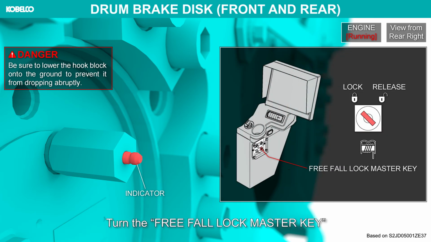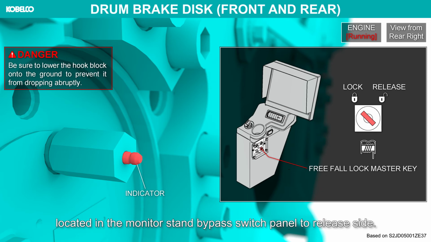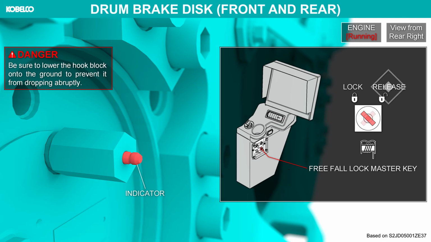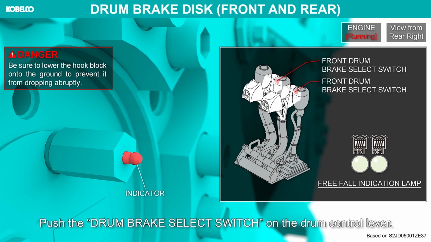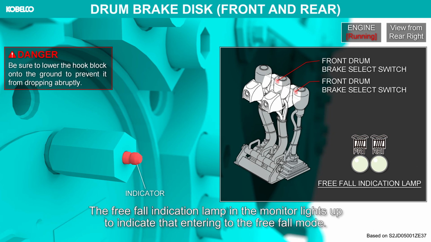Turn the free fall lock master key located in the monitor standby pass switch panel to release side. Push the drum brake select switch on the drum control lever. The free fall indication lamp in the monitor lights up to indicate that it is entering the free fall mode.